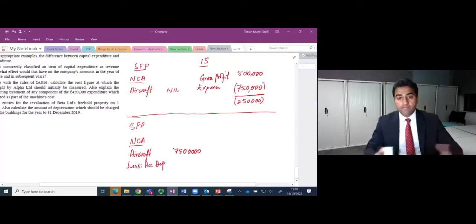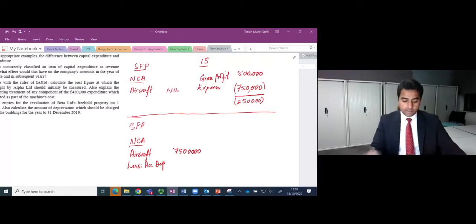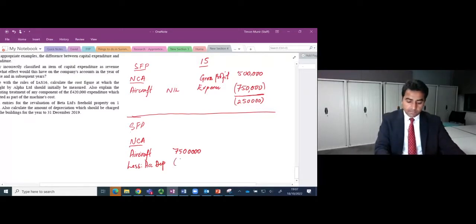Now I'm just making this up. Life of the asset is, let's say, 20 years. So a depreciation of 37,500 would have been recorded.